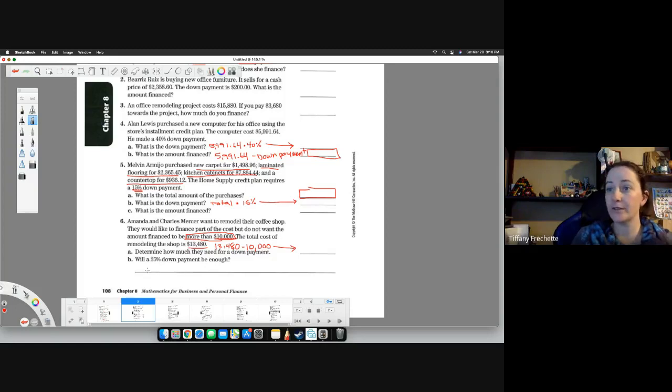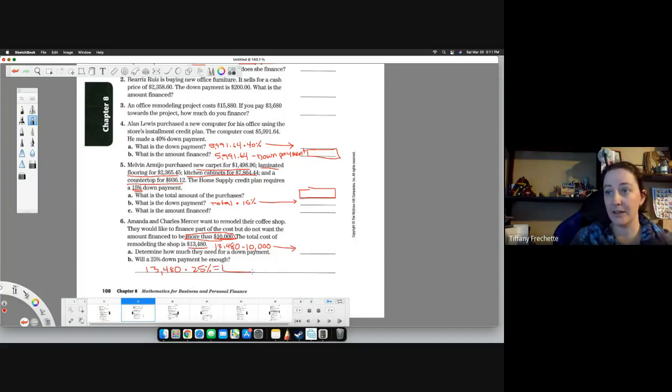We want to do it off the full 13,480. We want to multiply this by 25%. So just be careful about that, because I have seen kind of students, well, it's only 10,000 being financed. That's what they want to finance. But now they need to know if they have 25% of the 13,480, is that enough to get them below 10,000?